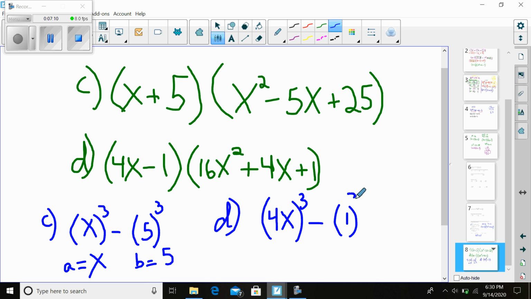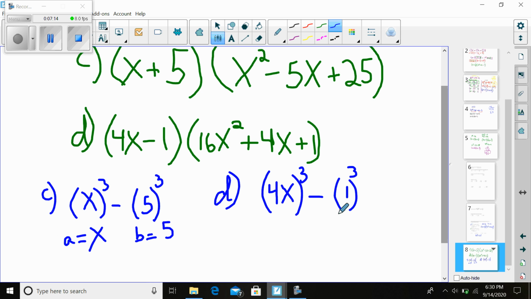Okay, so this is showing how I get the difference of two perfect cubes. And then my A is 4x, and my B is 1.